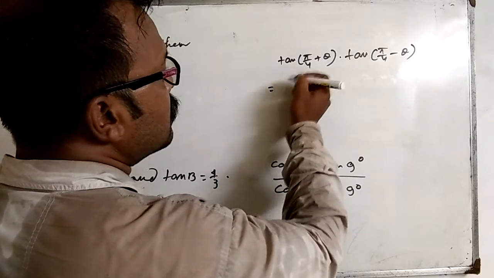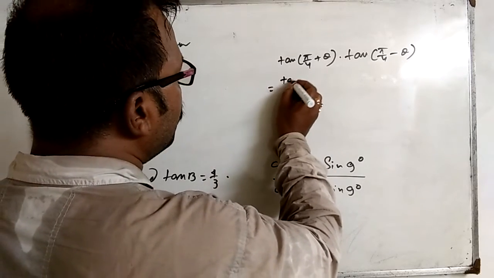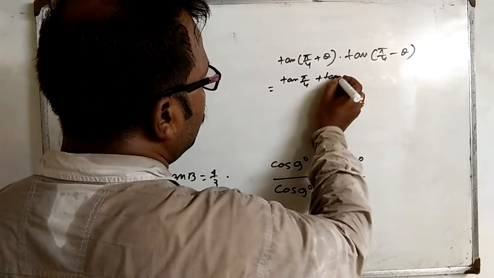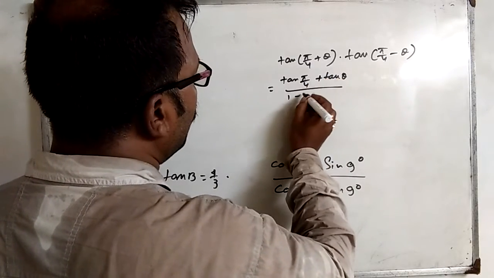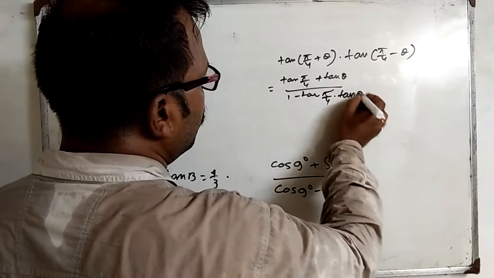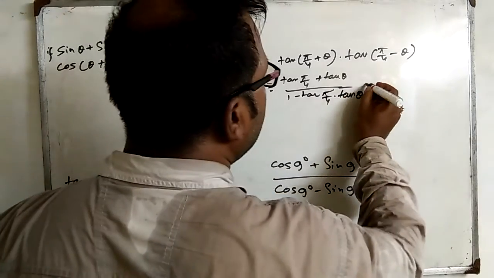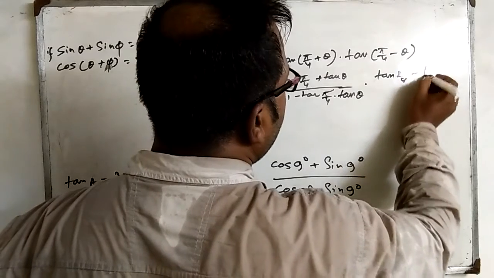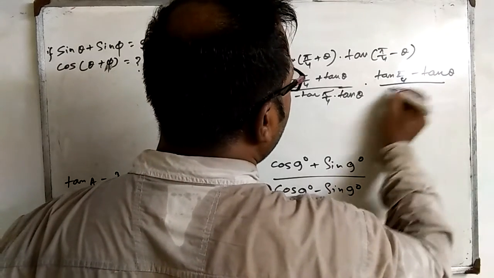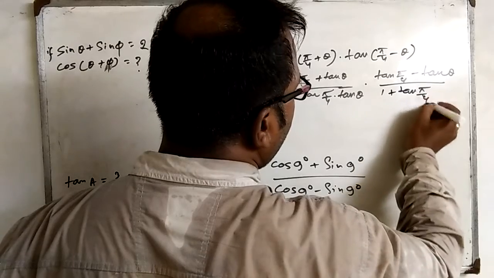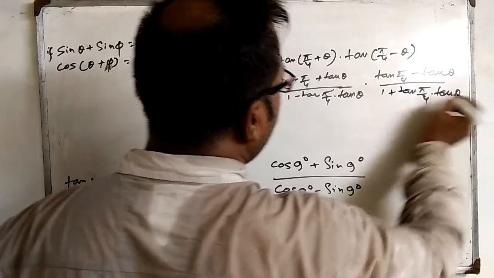So I just expand tan of pi by 4 plus theta by the formula: tan pi by 4 plus tan theta divided by 1 minus tan pi by 4 into tan theta. Similarly, tan pi by 4 minus tan theta divided by 1 plus tan pi by 4 into tan theta.